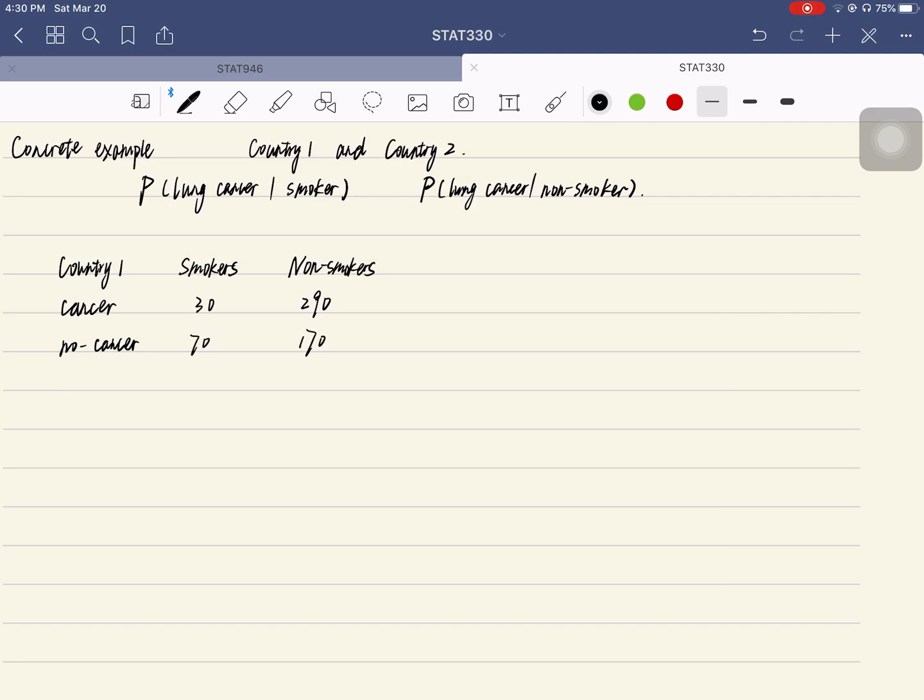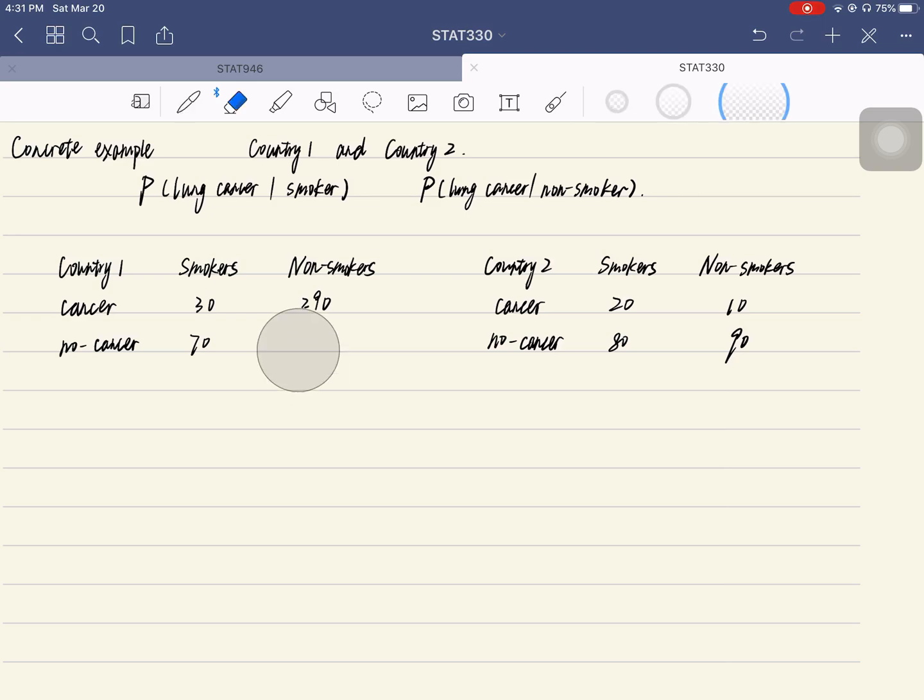170. Also, we collect data from country 2. Similarly, smokers, non-smokers, cancer, non-cancer, which in this case is 20, 10, 80, and 90.